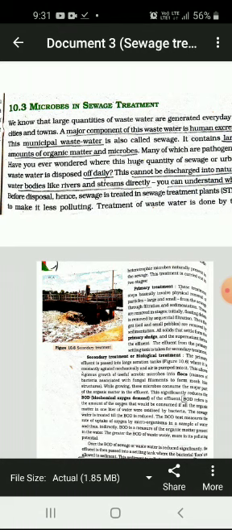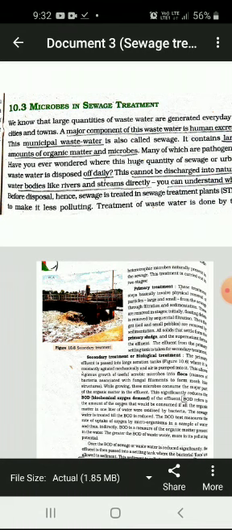Wastewater treatment is the process of treating wastewater which is generated in towns and cities and can be the municipal waste or domestic waste. This municipal or domestic waste primarily contains human excreta, organic matter, and industrial waste also.